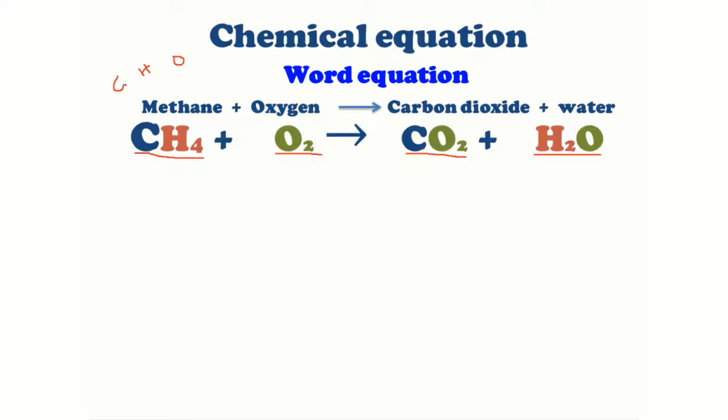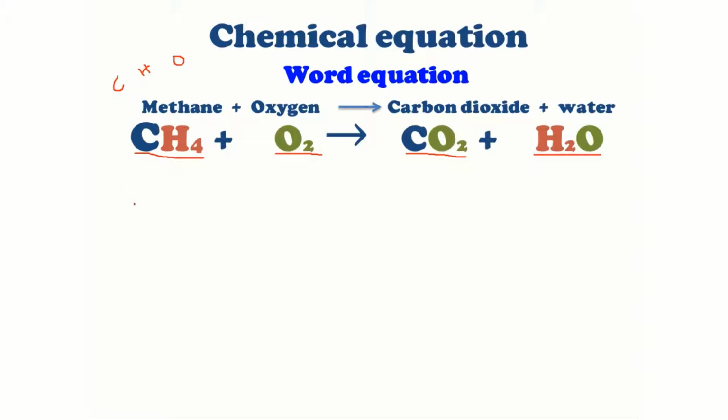So the number of carbon on the reactant side should be equal to the number of carbon on the product side, and the number of hydrogen atoms on the reactant side should be equal to the number of hydrogen atoms on the product side. Same applies to oxygen: the number of oxygen on the reactant side must be equal to the number of oxygen on the product side.